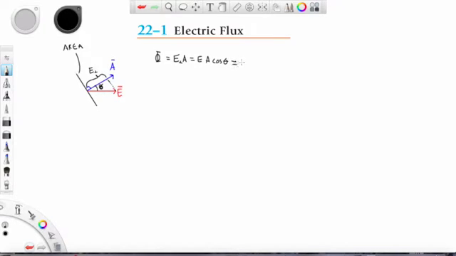Mathematically, this can be expressed as the dot product between the vectors E and A, and let's call this phi E, the electric flux.